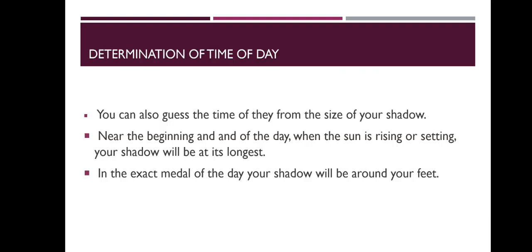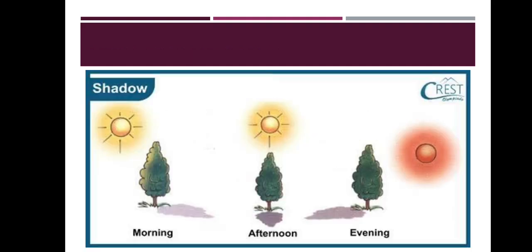Next is the determination of time of day. You can guess the time of day by the size of the shadow. What will be the time when the shadow is small? What will be the time when the shadow is large? You can observe that at the time of setting and rising of the sun, the shadow is always bigger in size.